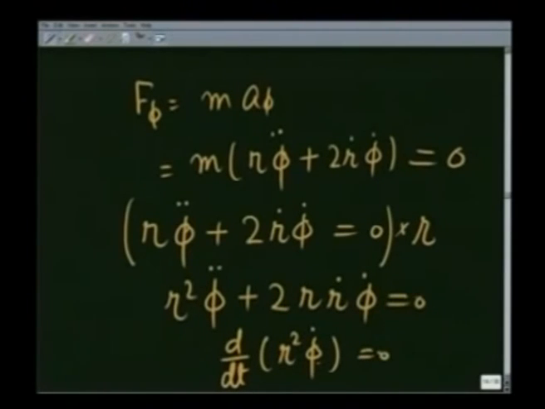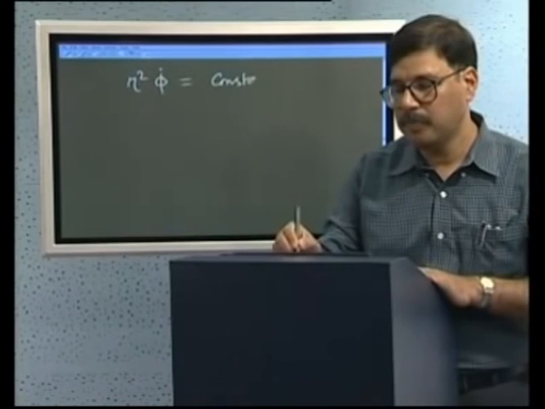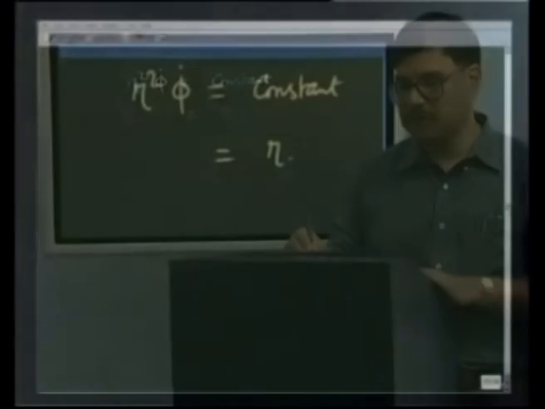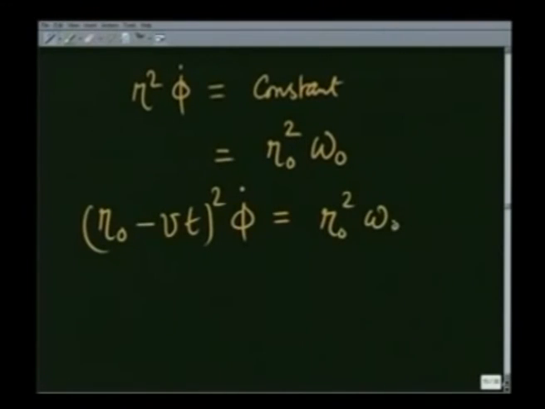Since the derivative of r square phi dot is 0, r square phi dot is a constant. So, if the initial position was r0 and its initial angular speed was omega 0, this remains fixed. As I already told you, r changes according to r0 minus Vt, and r square phi dot therefore is going to be equal to r0 square omega 0.